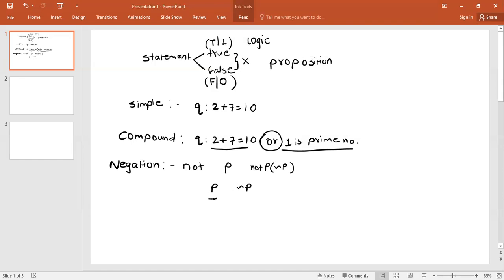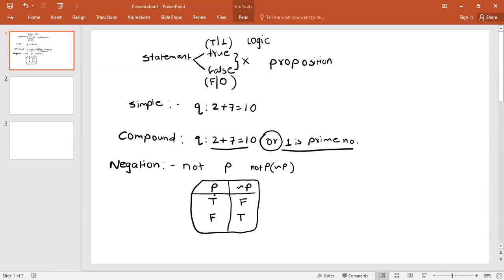Here, when the value of the statement p is T, then negation p will be F. And when the p value is F, then negation of p will be T. This is the truth table for negation. p is the simple statement and negation p is its opposite.